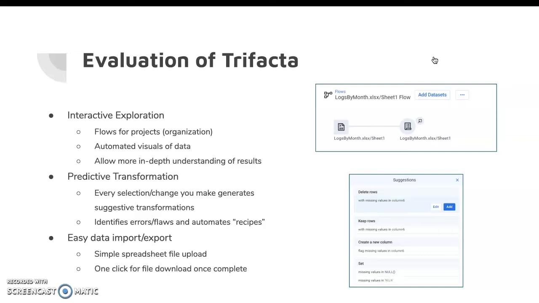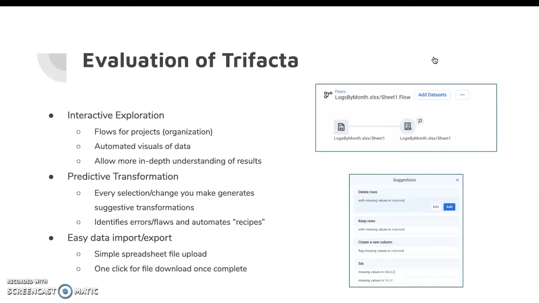It lists out that flow chart so you're able to see what progress you've made. And when you upload the data, it automates visual representations for it. It will show you the data values, and it'll show you graphs depending on what data you have. If there are missing values or non-matching values, it'll list that as well. This allows for a more in-depth understanding of the data and what you're looking at.